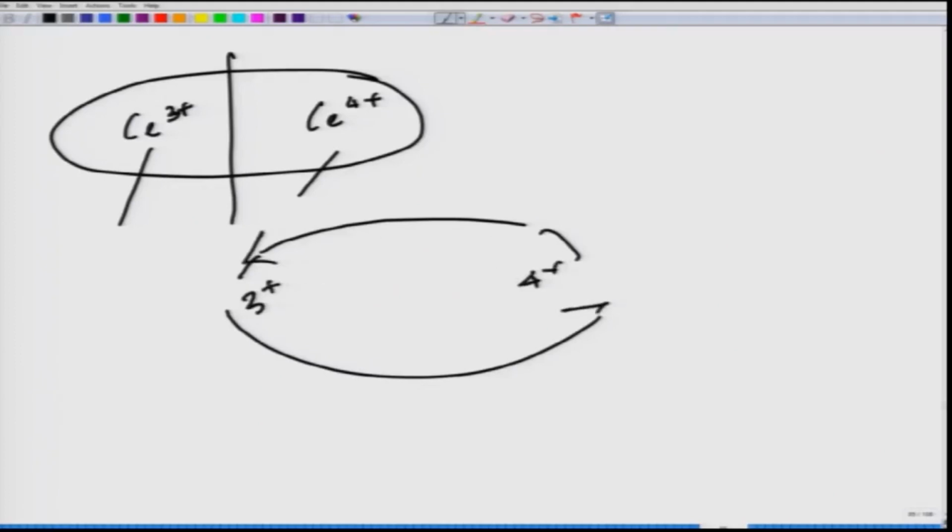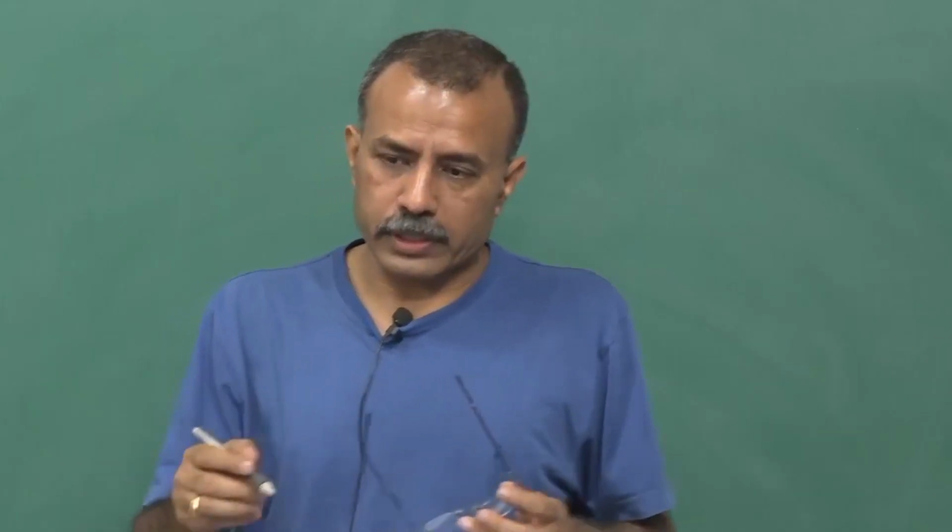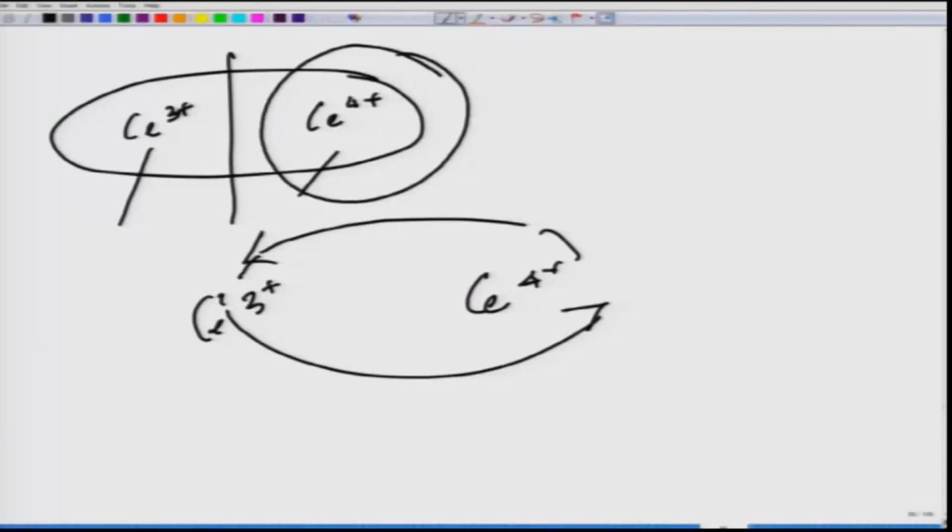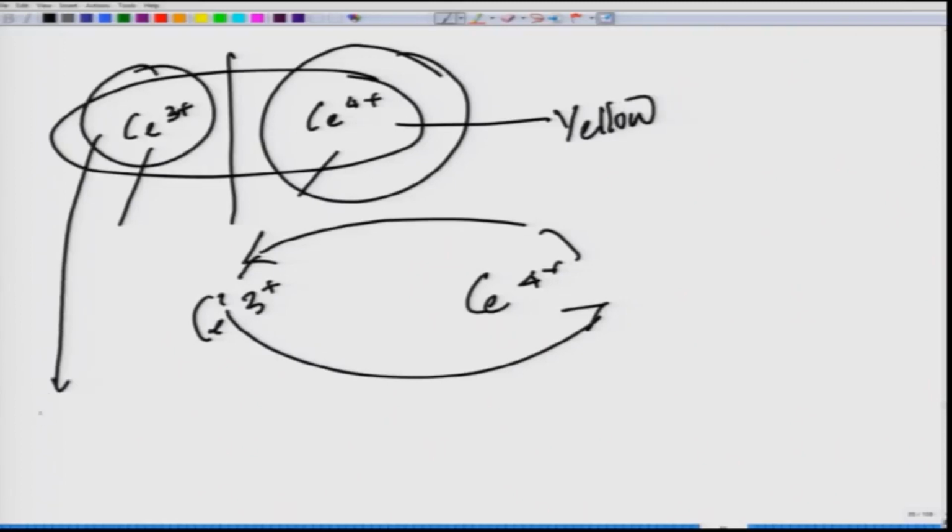There is an autocatalytic shifting which happens in the nanostate. Now, cerium has another very interesting property. Cerium 4 is yellow in color, and Ce3 is a white or colorless, drab whitish color.